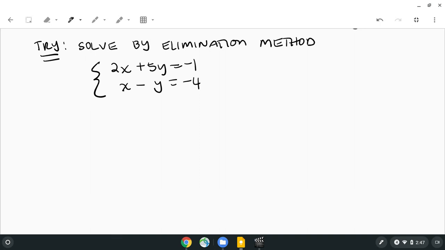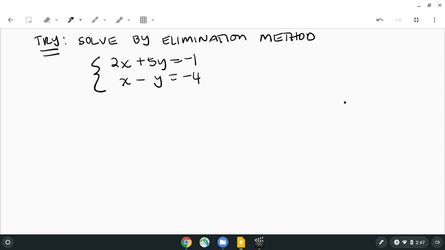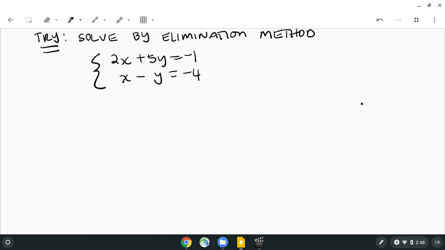So go ahead and hit the pause button and then come right back. Regardless of what you choose to eliminate and what I choose at the very end, we should both come up with the same answer. So you go ahead and choose which of the variables you want to eliminate. All right, hit the pause button and I'll see you in a few minutes.